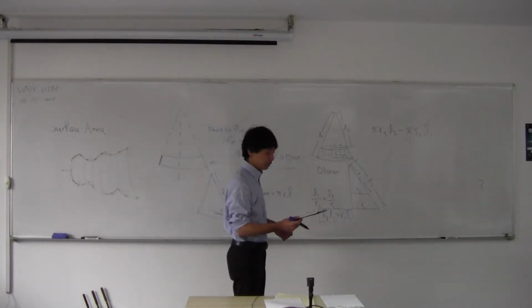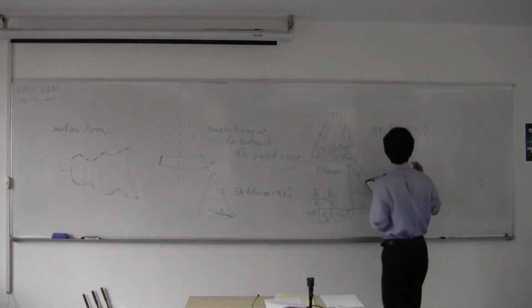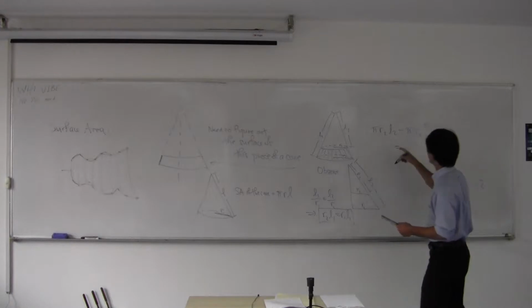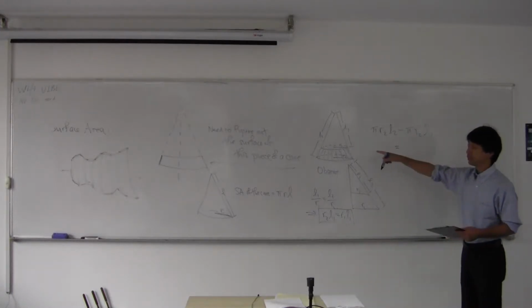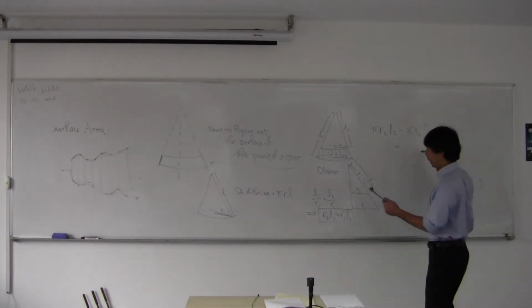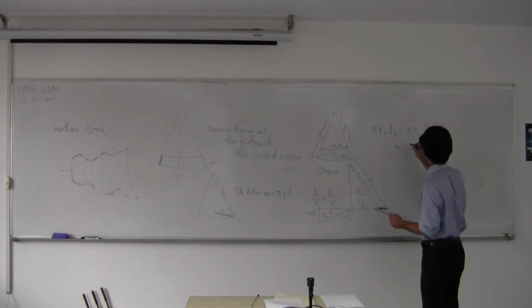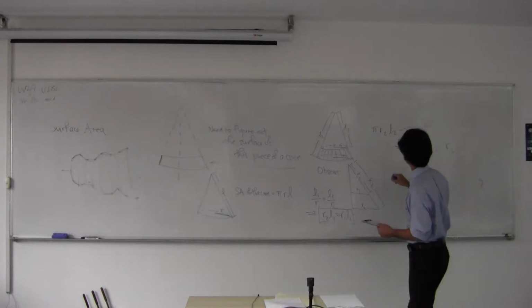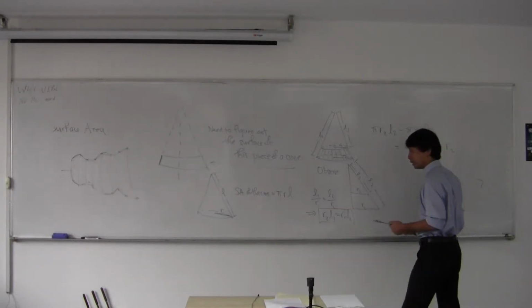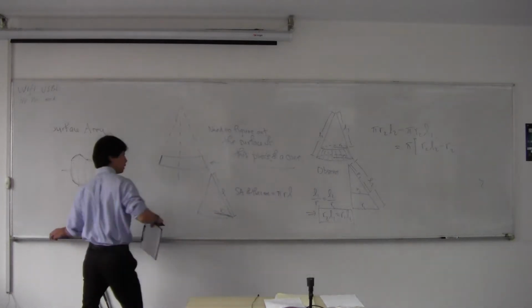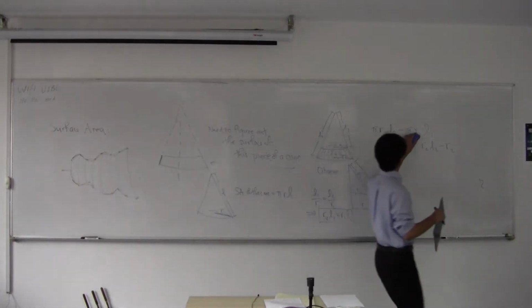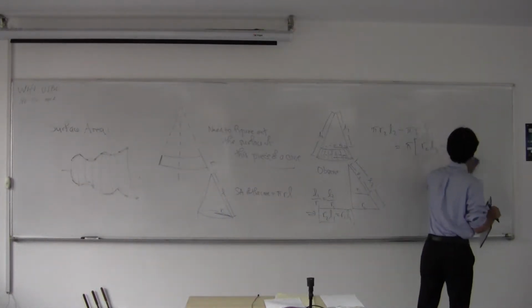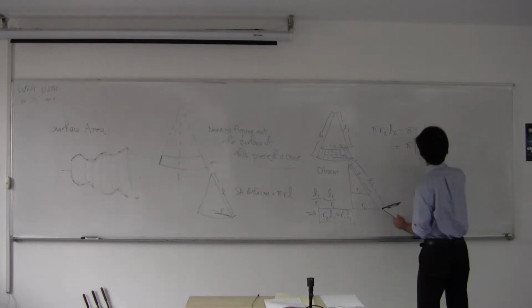Okay, so I'm going to rewrite the formula for the area of that thing. First I'm going to factor out a pi: R2 L2 minus R1 L1.